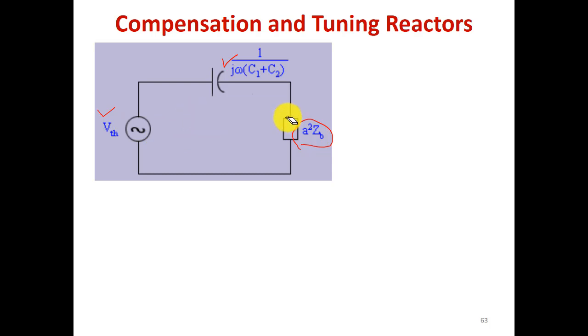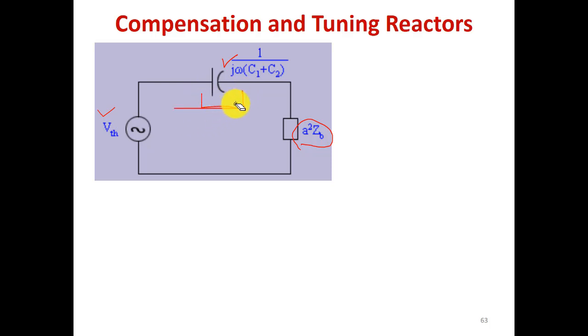Now the question is, whatever voltage appears across C2 will not in fact be fed to the relay, right? Because of the drop at the capacitance.